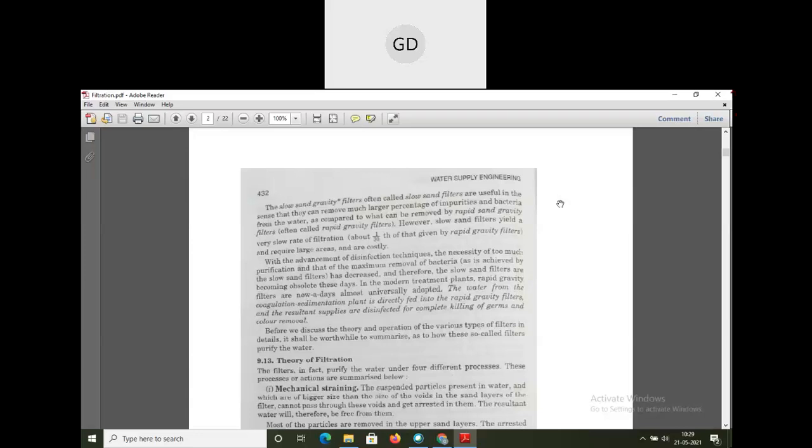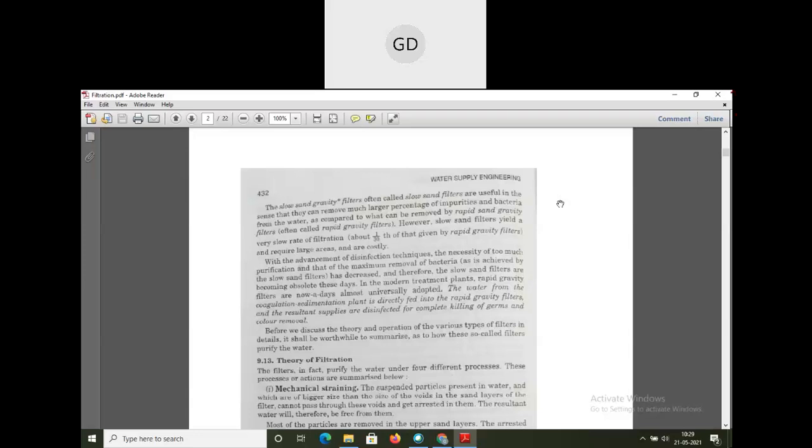They give a very slow rate of filtration, around 1/30th of that of rapid gravity filters. Also, they require a very large area for installation.